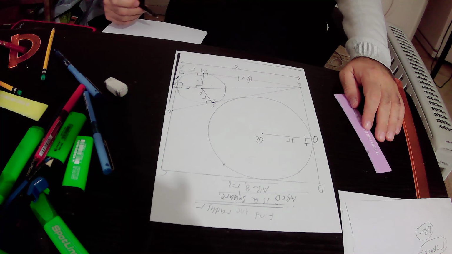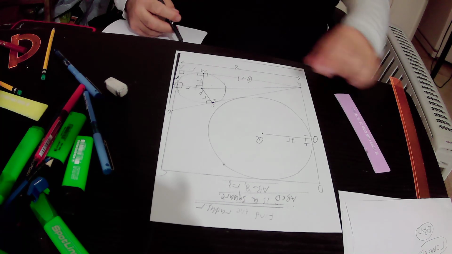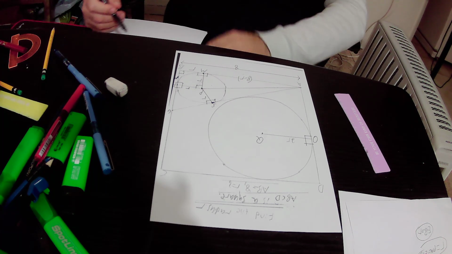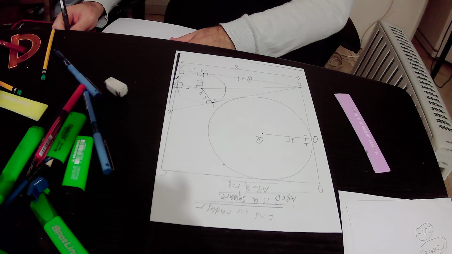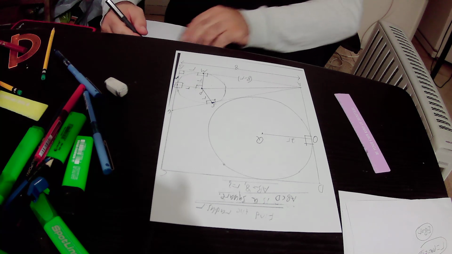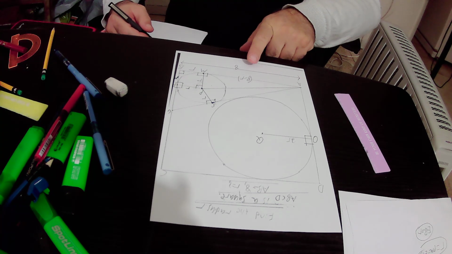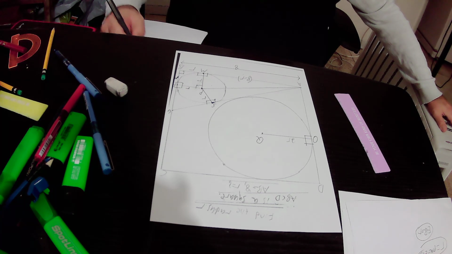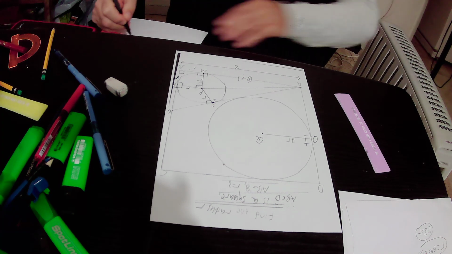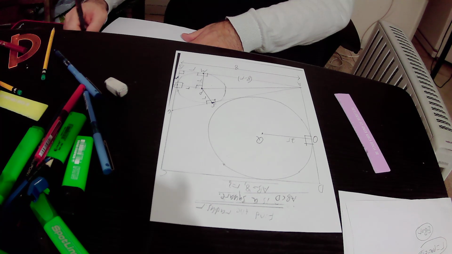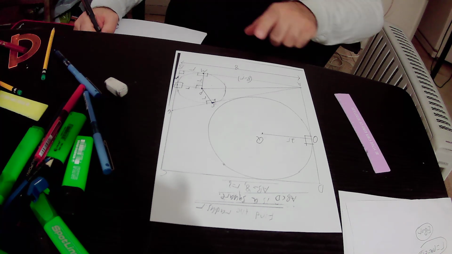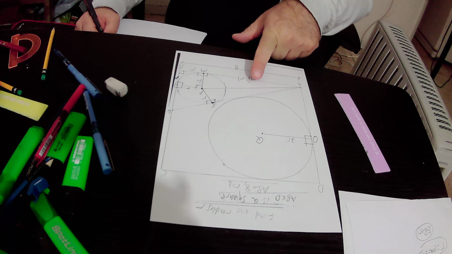So in the next step we will prove that those two right triangles are congruent to each other. So we will focus on the right triangle APM, and the right triangle APS, this right triangle.